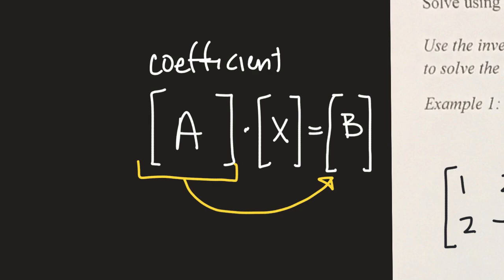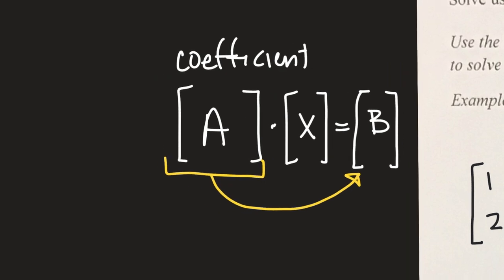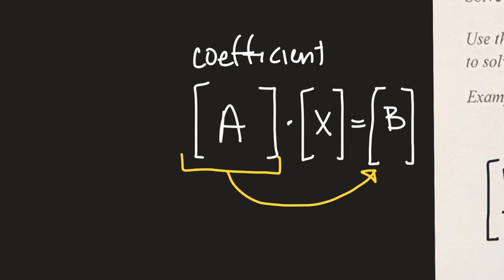So the other way to have A basically disappear is if you multiply it by its inverse, right? Because if you multiply by its inverse, then in essence it becomes a 1, and 1 times anything is anything. So what we're going to do is left multiply by A inverse.